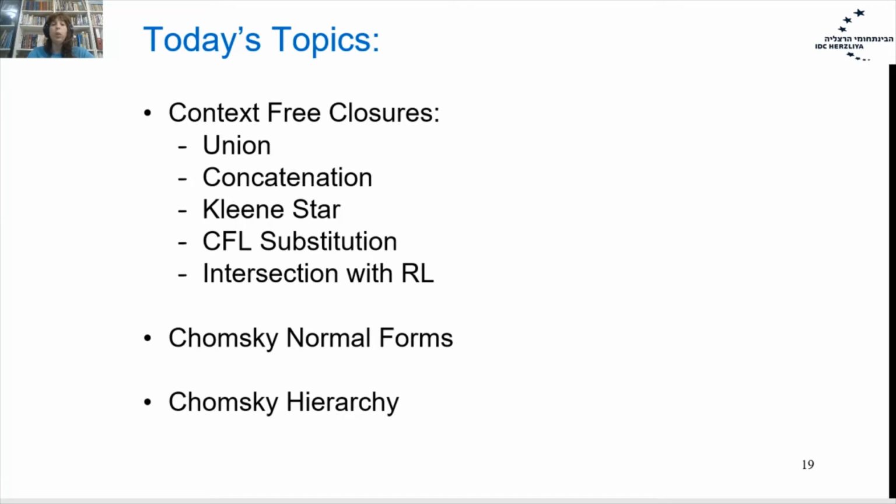We will talk about union, concatenation, Kleene star, context-free languages, substitution, intersection with regular languages, and we will start talking about normal form of the grammar. We will use Chomsky normal form. Other normal forms exist, but we are not interested in them. And we will talk about the Chomsky hierarchy for the grammars.